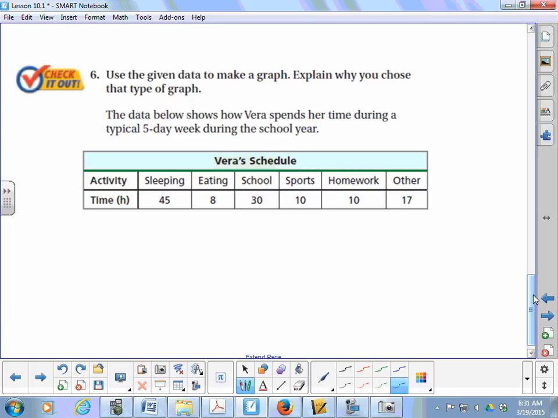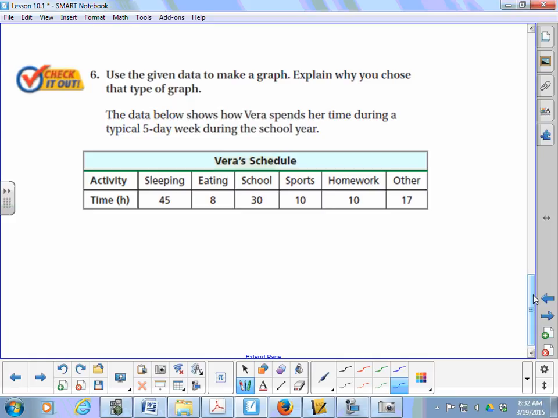A bar graph, a circle graph, or a plot over time or a line graph? Okay. CJ says a bar graph. Why, CJ? You got to explain why. Why?